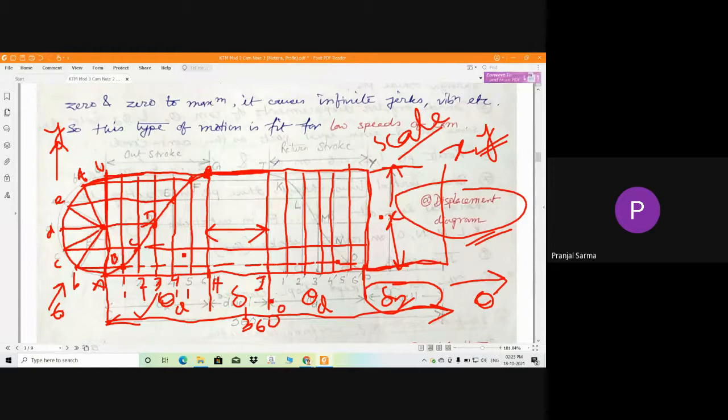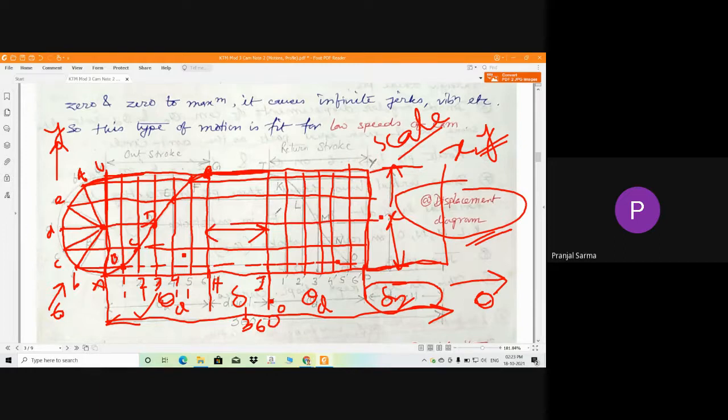In this particular case, both the ascent stroke as well as the descent stroke are with SHM. So the way of locating the points will be similar, but now it is going down. So from this side it will come. If you extend these horizontal lines, they will also cut the return stroke, or the descent stroke, and from there we are going to locate those points.